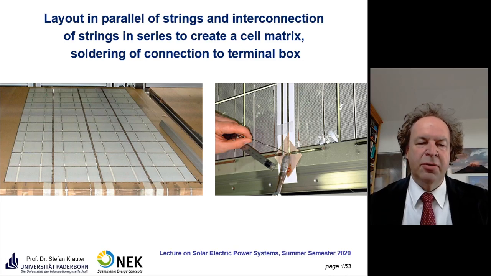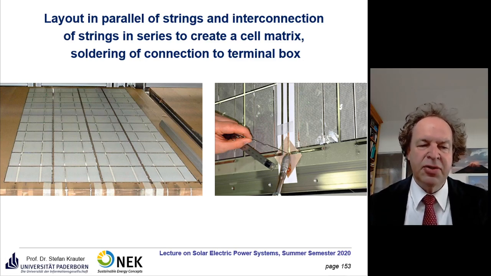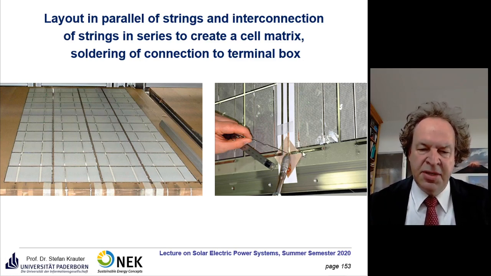Here you see the soldering of the strings together to the so-called solar matrix. On the right side, you see the soldering of the matrix together, and here you see some stripes going to the terminal box at the end. In the terminal box, you often find the bypass diodes and the interconnectors.